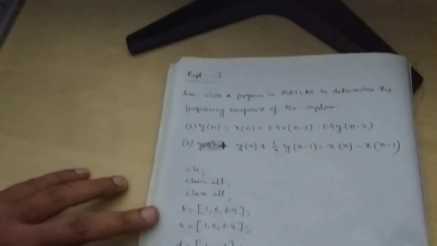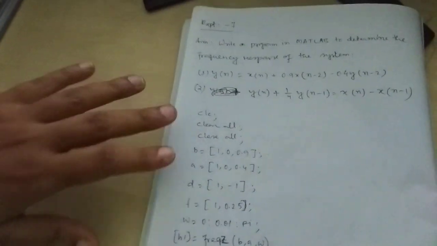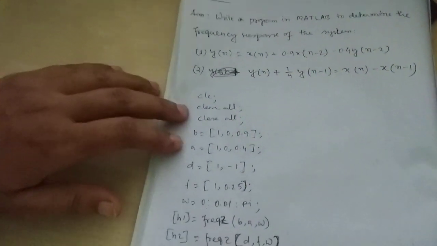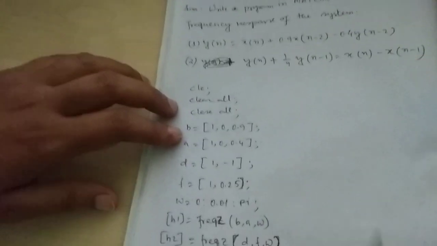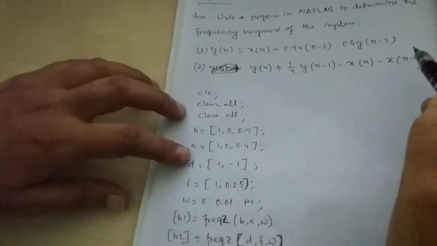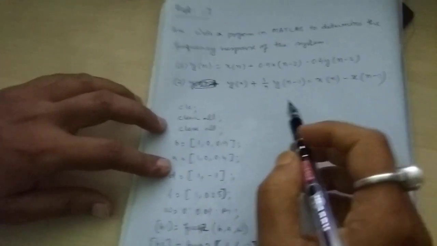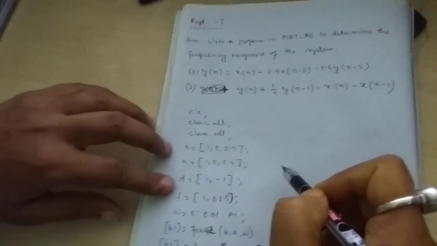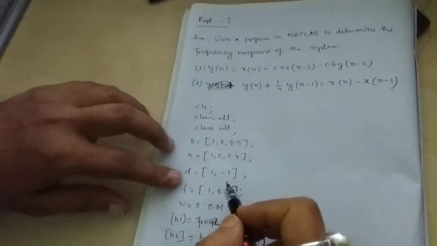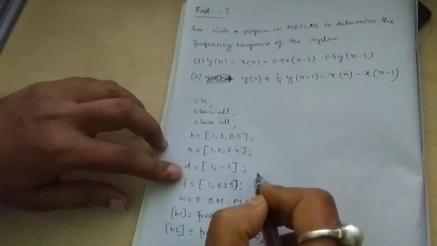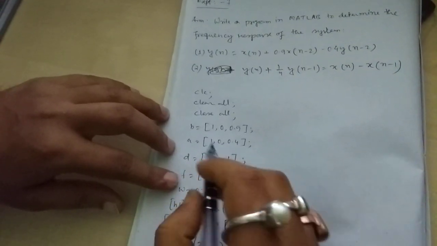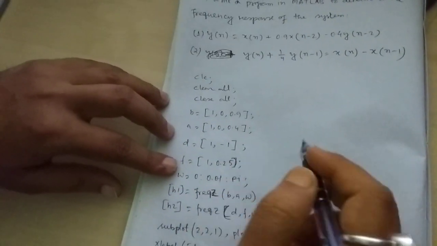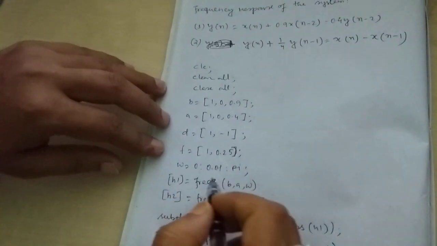Okay. Now I will show you the program. First we write clc, clear all, close all, and then we define in b the numerator coefficient part and in a the denominator coefficient part of the first system, and in d the numerator coefficient part and in f the denominator coefficient part of the second system, and then we take the value of omega.